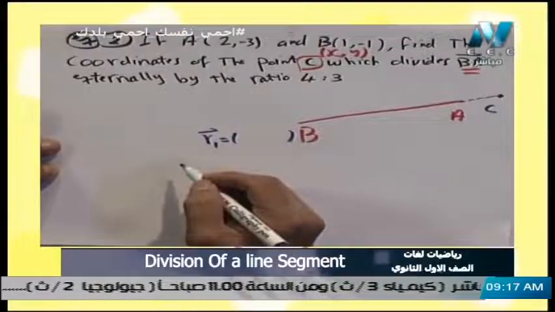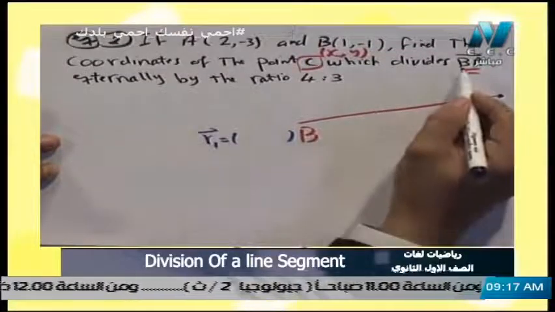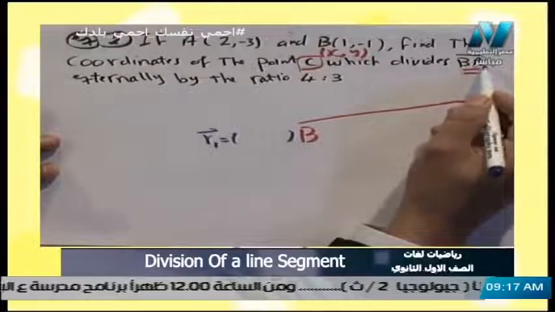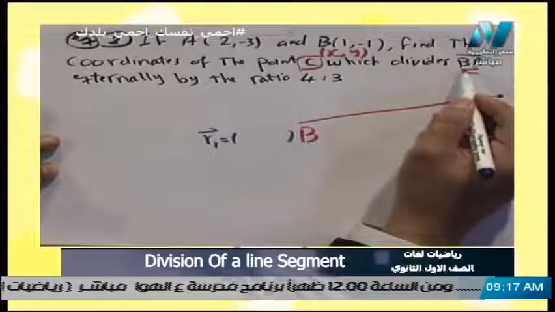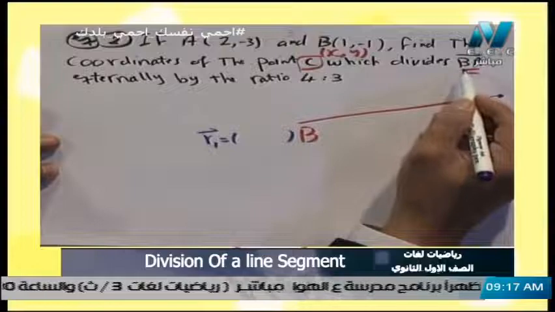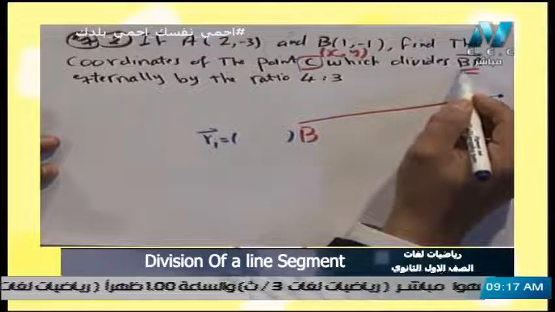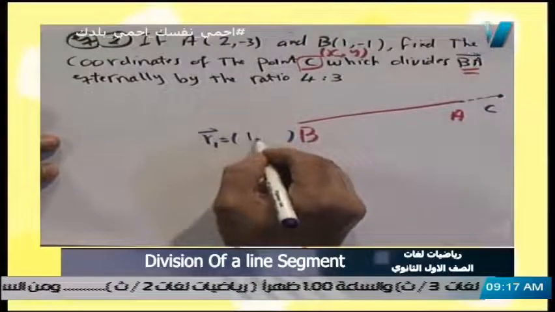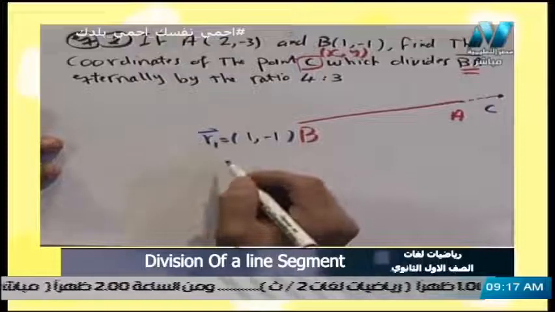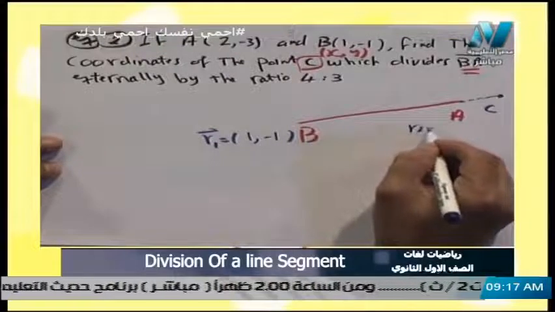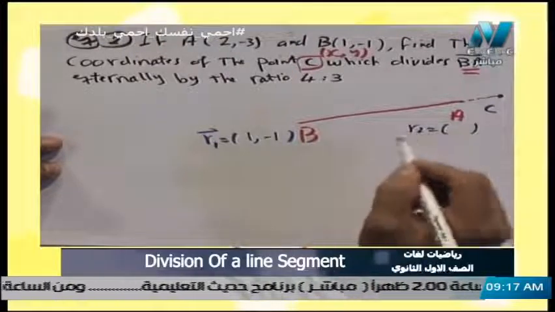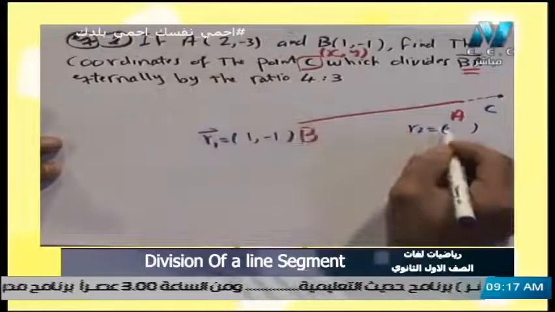Why is it R1? Because we start from B, we divide BA, not AB. When we start with B, then B will be R1, which is (1, -1). R2, which is A, equals (2, -3).